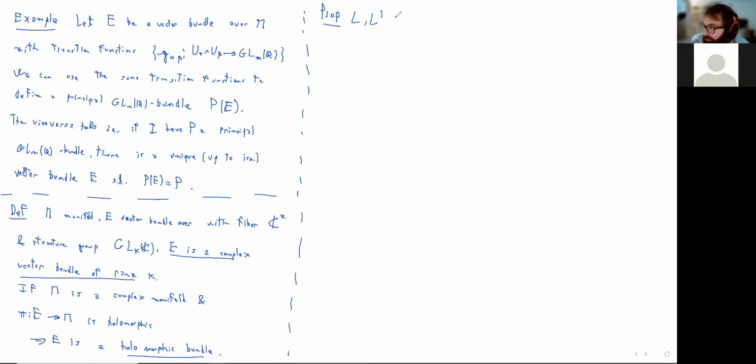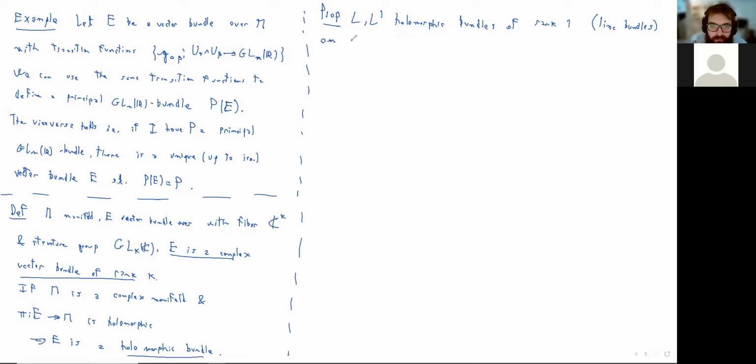So let's take two holomorphic bundles of rank 1. These are usually called line bundles, for obvious reason: rank 1 means a complex line.